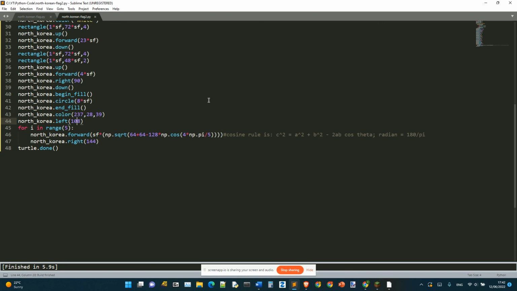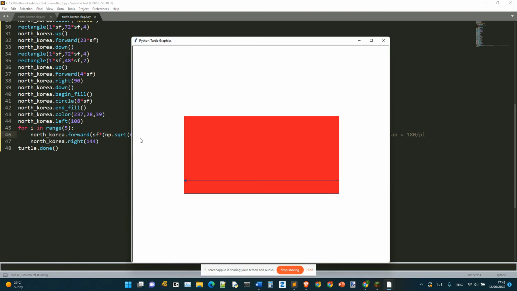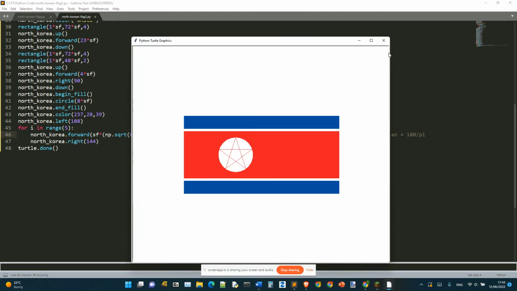And the actual side lengths are slightly smaller, so it's 63. So really it's 7 and 3/4, but for the sake of it, I'm just going to keep it like this.